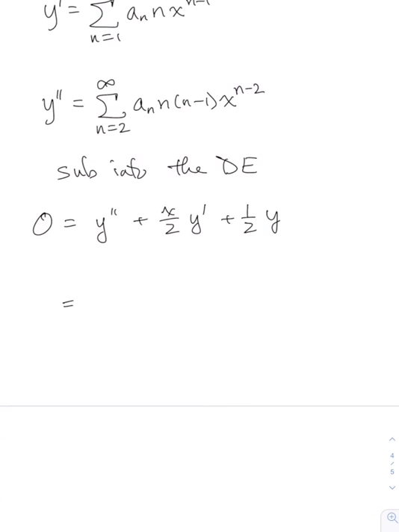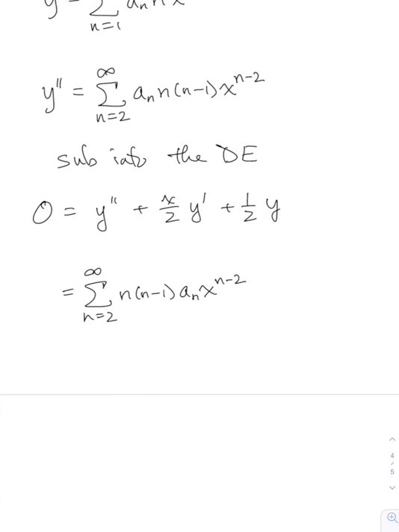So y double prime, I've got the sum as n goes from 2 to infinity of, it's more traditional to put the n's first, n times n minus 1 times a_n times x to the n minus 2.